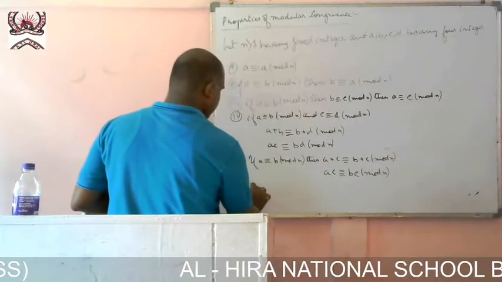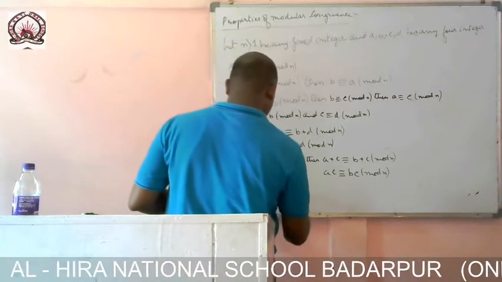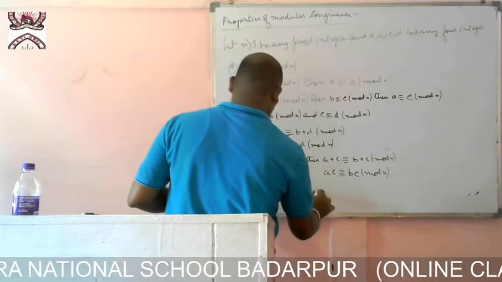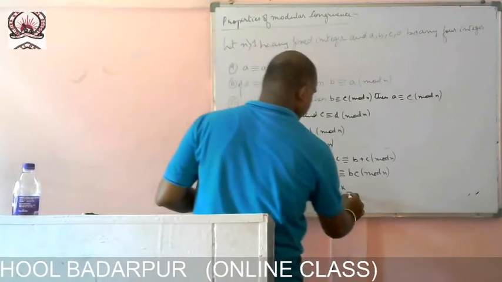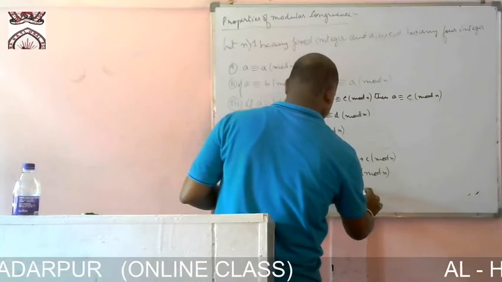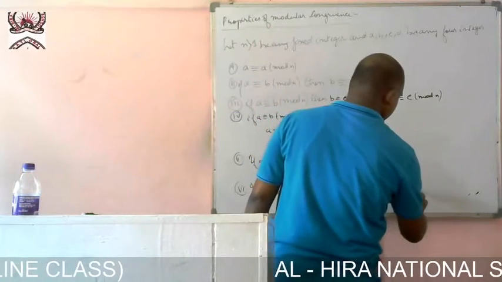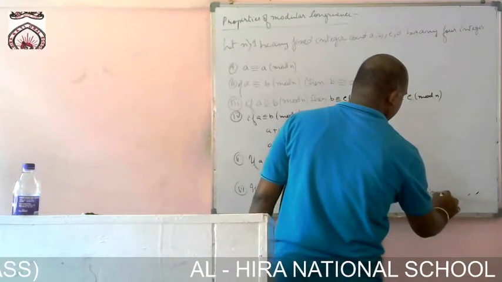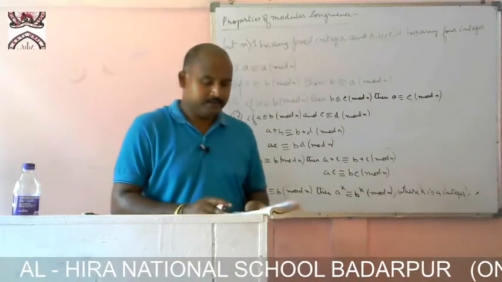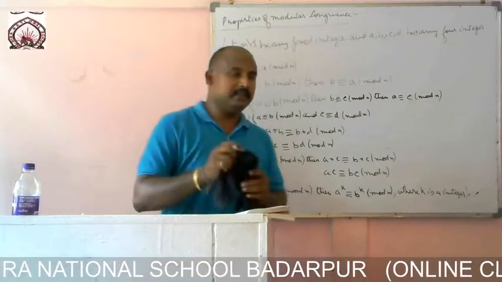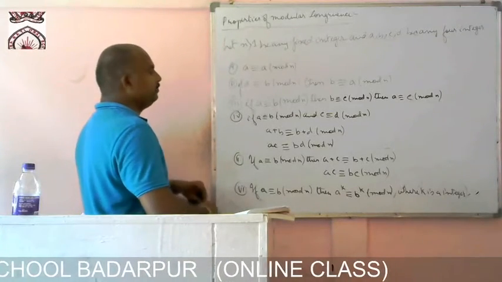Number 6: if a congruent b mod n, then a to the power k congruent b to the power k mod n, where k is a positive integer. Now you have to learn all the properties.